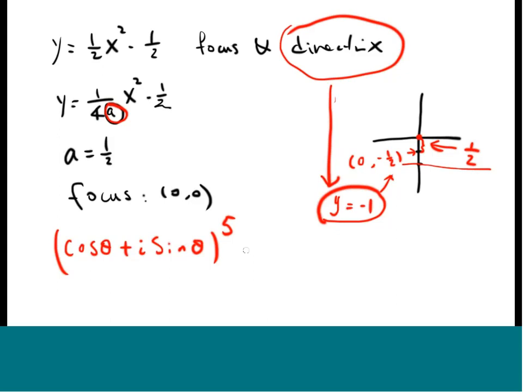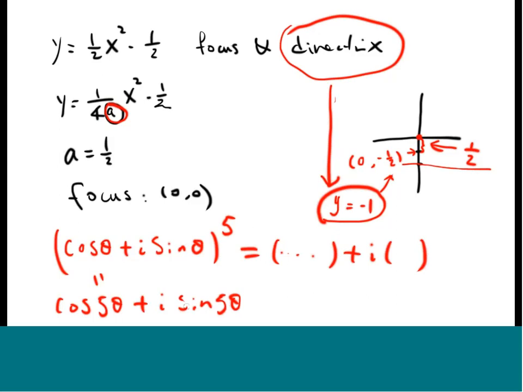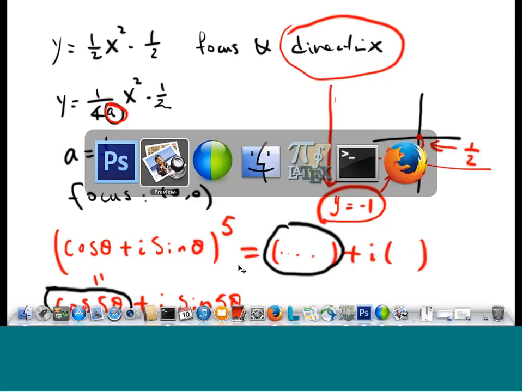So the real part will be something plus i something. This also equals cosine 5 theta plus i sine 5 theta. If you compare the real part, here is this part, here is this part. Just expand it. Do you have a problem with this? Okay, no problem.